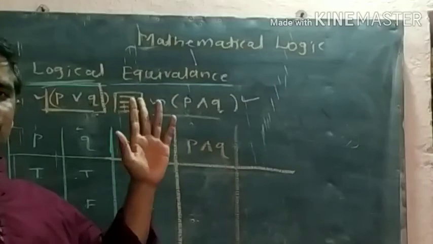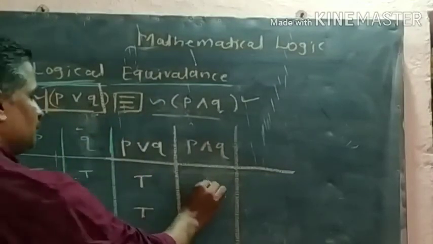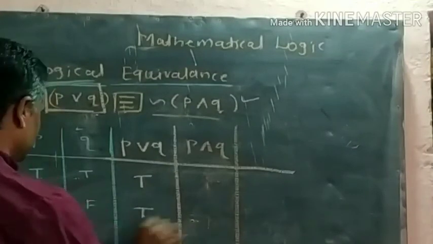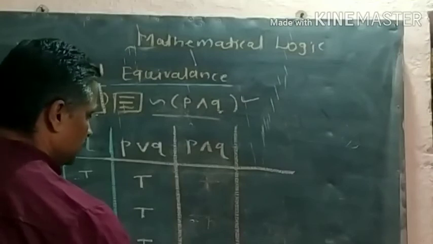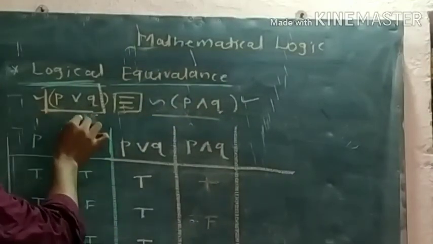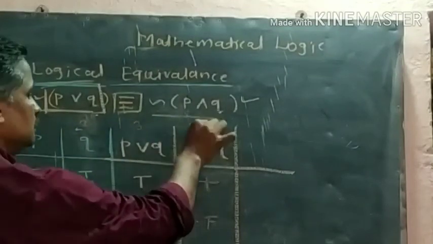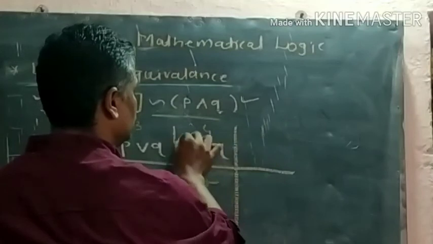P conjunction Q has value T if both the values are T. That is TT gives T, TF gives F, FT gives F, FF gives F. So these are column number 1, 2, 3, 4 and 5.